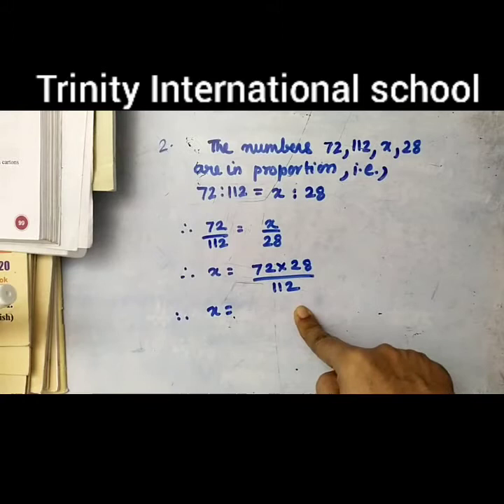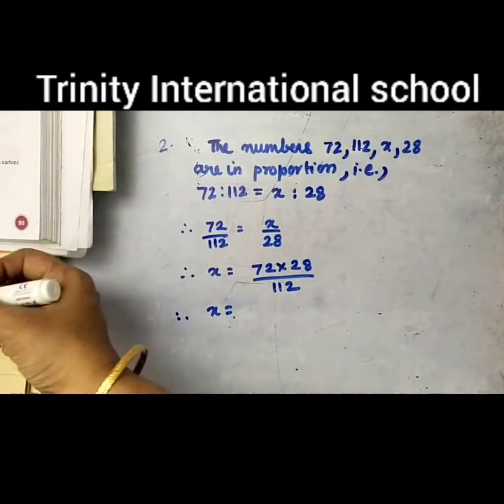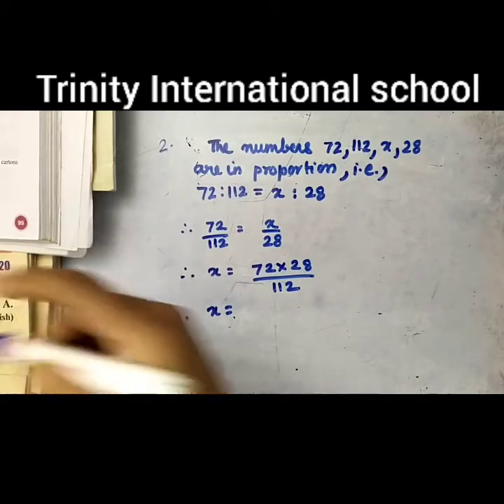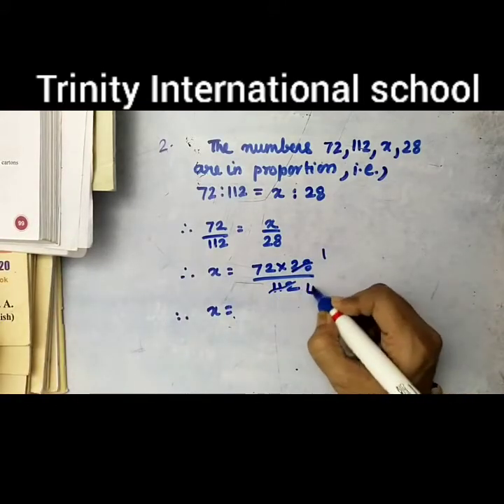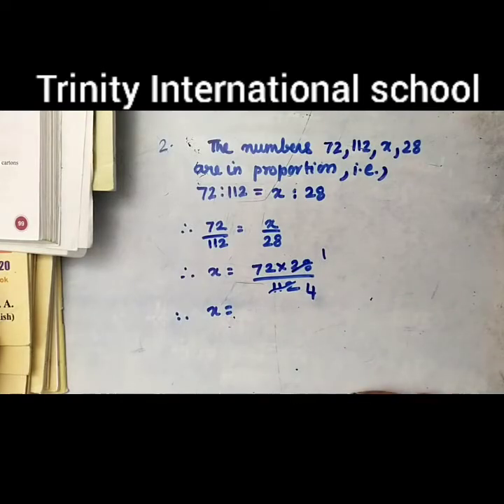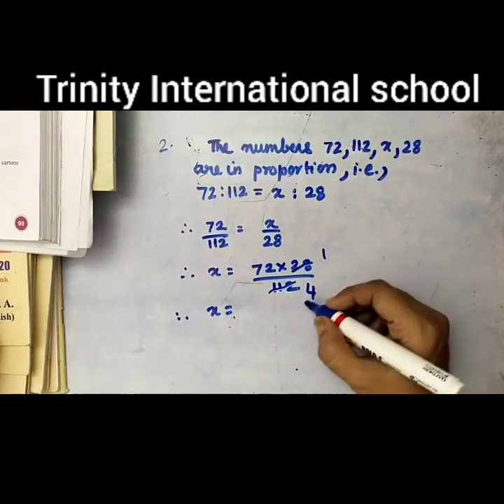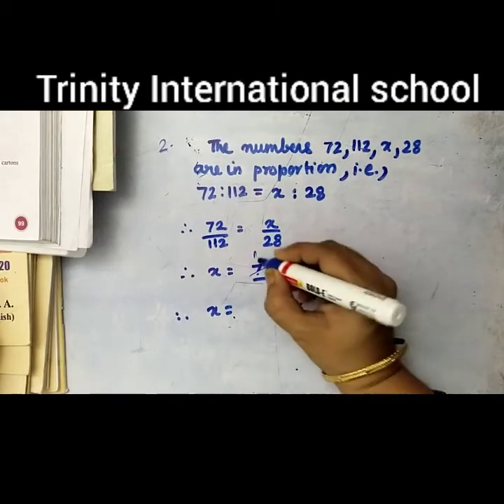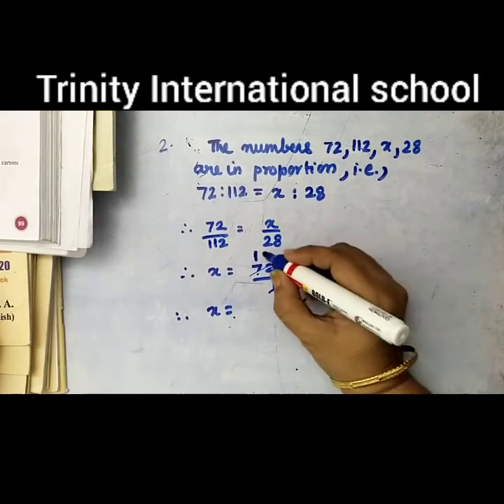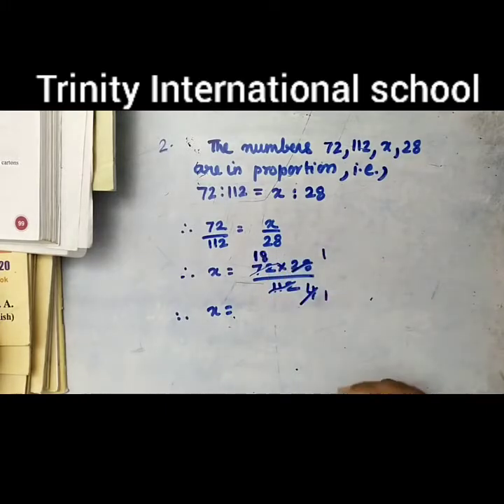Okay, so this way we will go for the calculation. Now you can see the calculations. 28 1s are 28, 28 4s are 112. Okay, now 4 1s are 4, 4 1s are 4. Now 3 is remaining, so 4 8s are 32.